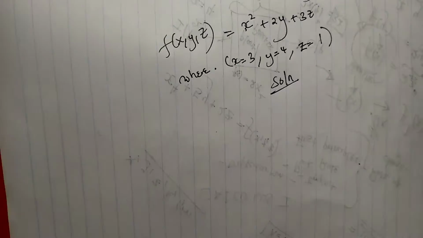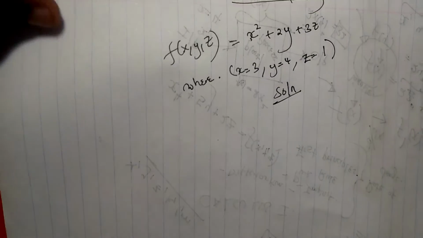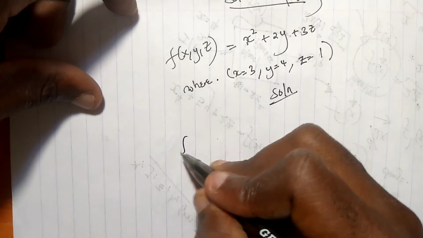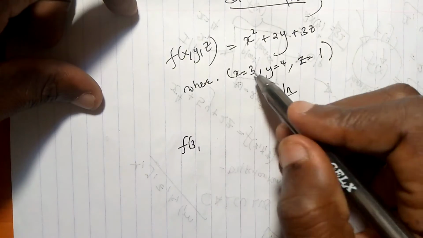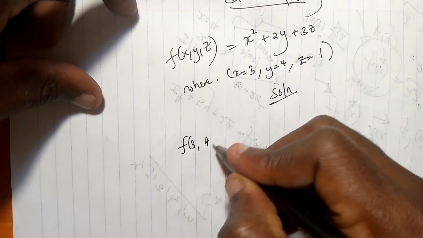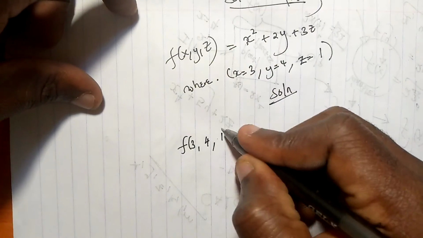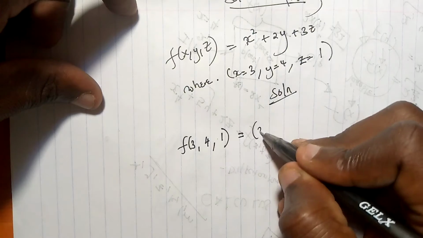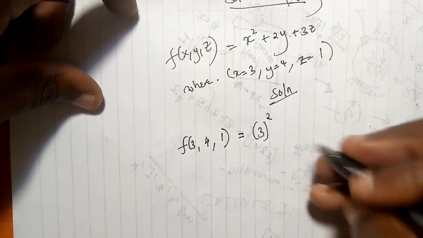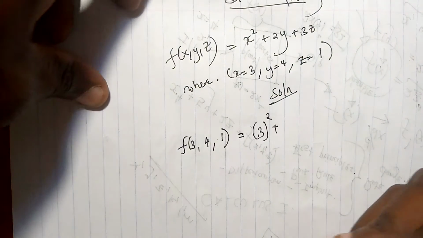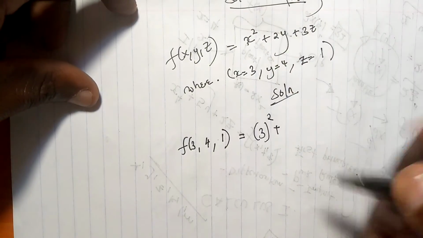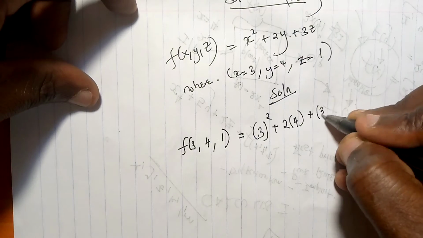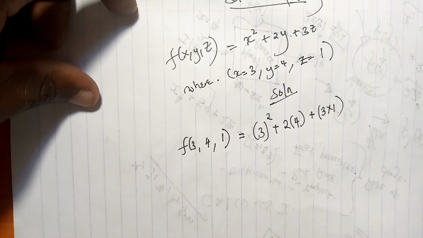All right, so I hope you've solved it. So let's see if that is what you've done. So then it becomes f of 3, 4, and 1 is going to be given by x squared, which is now going to be 3 squared, all right, plus 2y, so it will be 2 times 4, plus 3z, so it's going to be 3 times 1, all right, something of that kind.